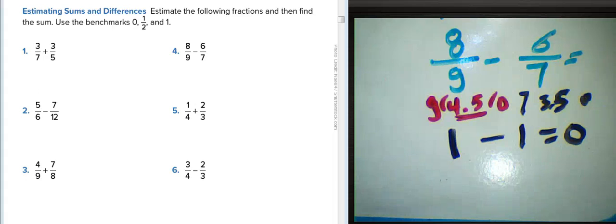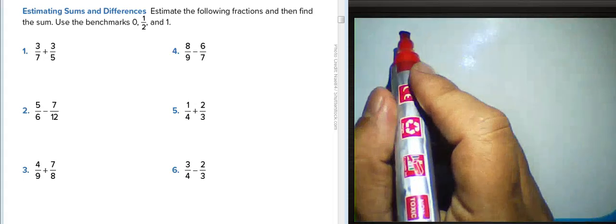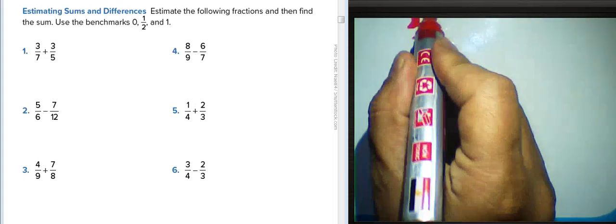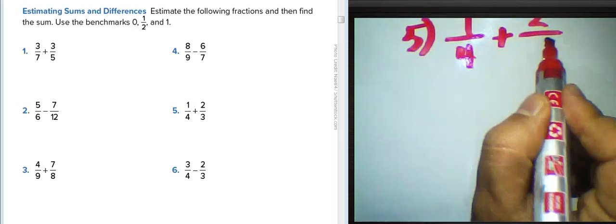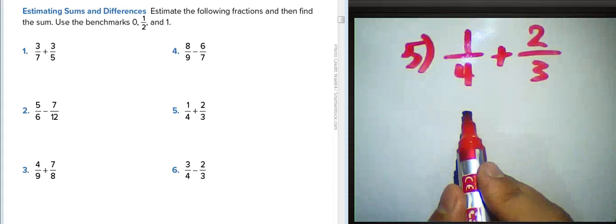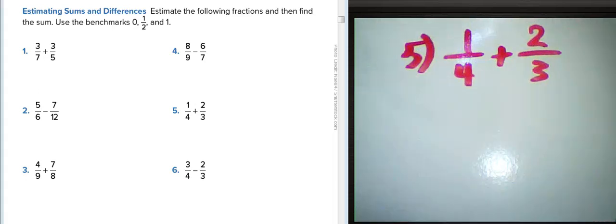Okay, what about question number 5? Can you tell me the result? It's very easy, okay? Pay attention. Question number 5: 1 over 4 plus 2 over 3. We can find the least common multiple between them, 12, but they asked you to use estimation. First, we find half of the denominator here.